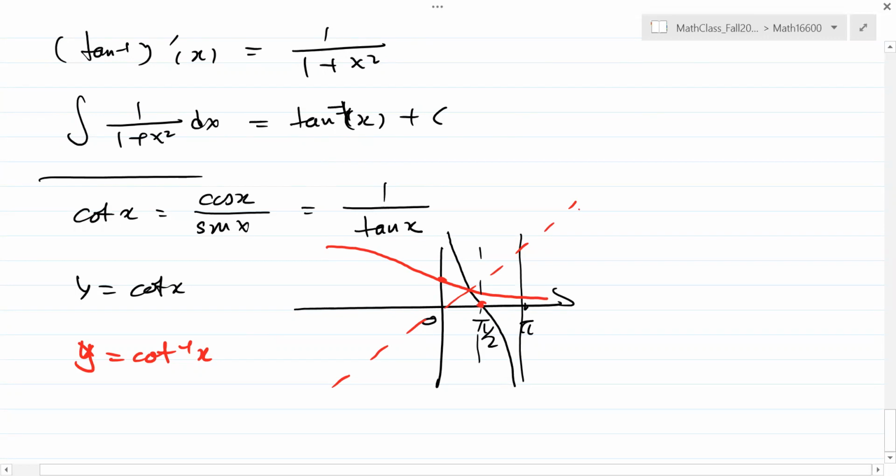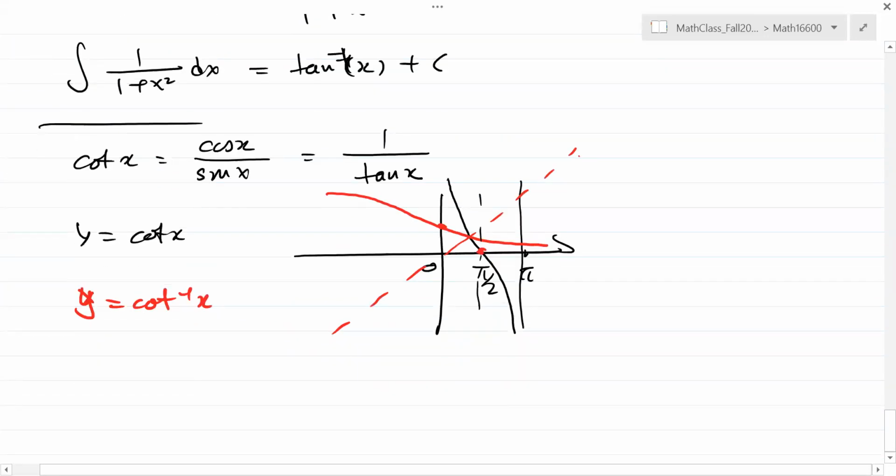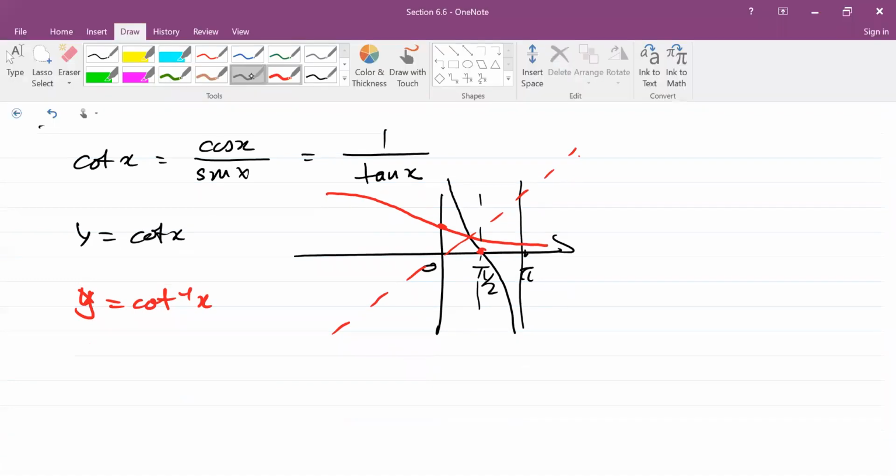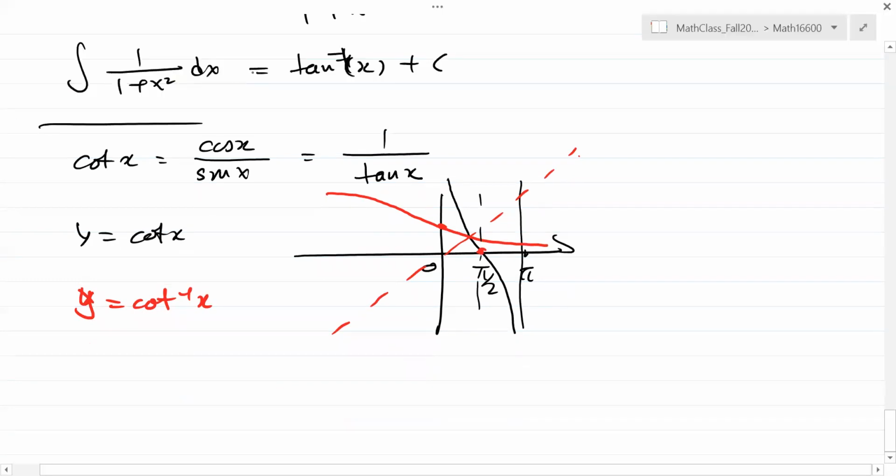Okay. So I'm not going to waste too much time on the cotangent because most of the time we're not going to use that. But the derivative is just equal to negative of this.